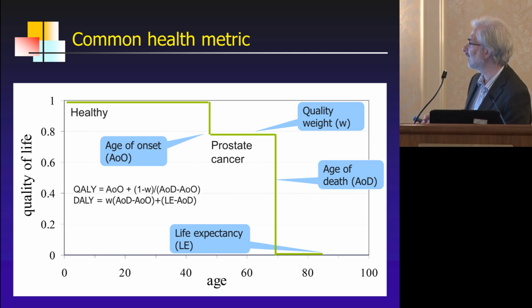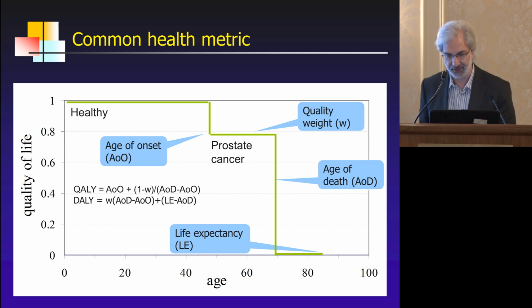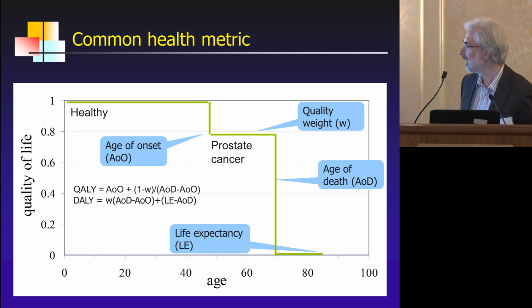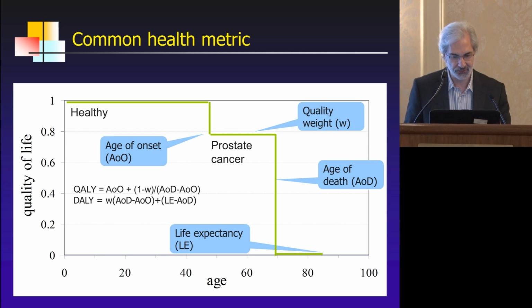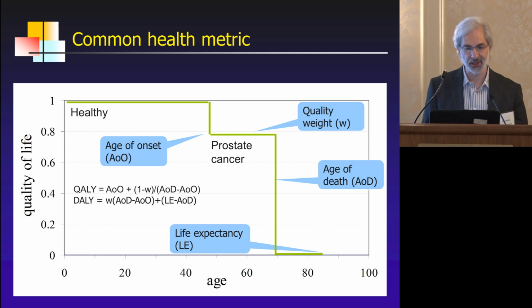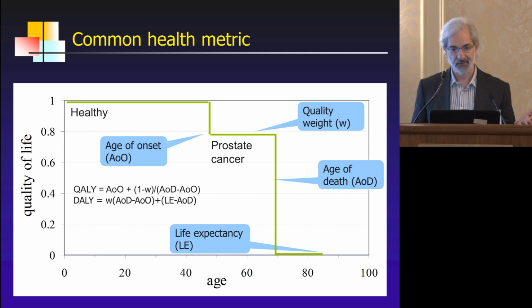And then you live for so many years with this health state, and then you die, and you have the age of death, but sometimes that is premature, and the individual would be expected to live so many further years, so they have a life expectancy of LE. And this can be put into an equation, and these are just the inverse of each other, essentially, and this is the quality-adjusted life years and the disability-adjusted life years, and so you just calculate these values. And so this is a so-called composite metric. It takes account of health state and duration of health state.